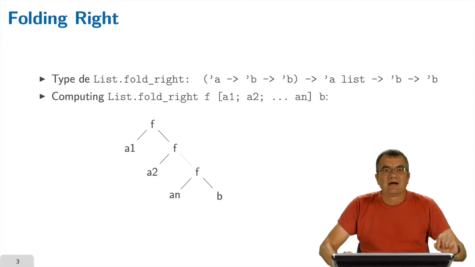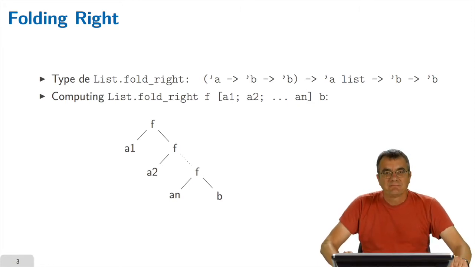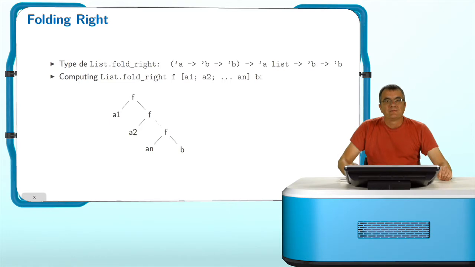Now, what would be the type of this function? The alphas would be the element types of our list, and beta would be the result type of function f. This means that fold right would take as first argument the binary function, which would be of type alpha, an element of the list, beta, something returned from f itself, giving the result beta, so this would be the functional type.